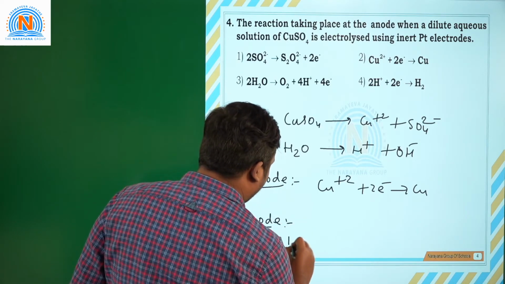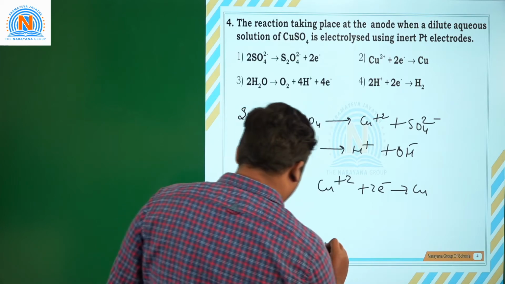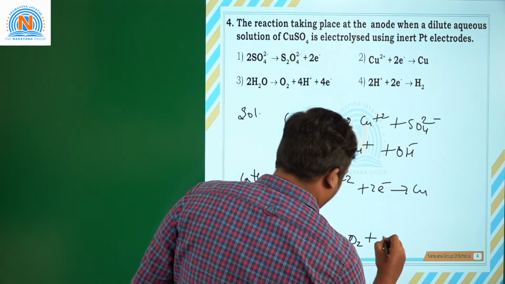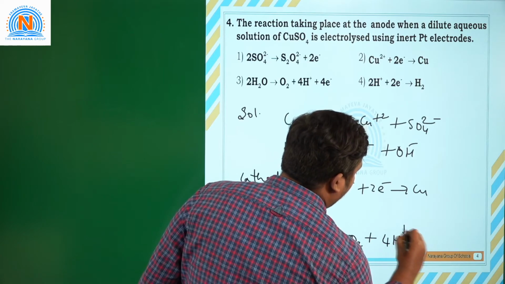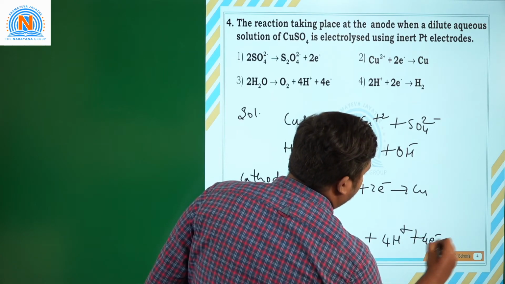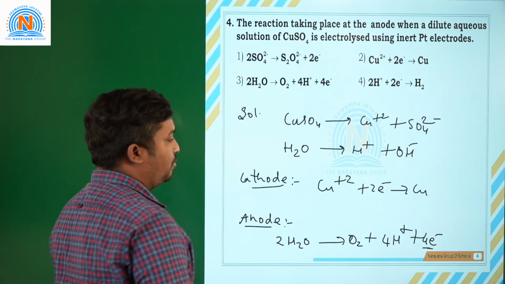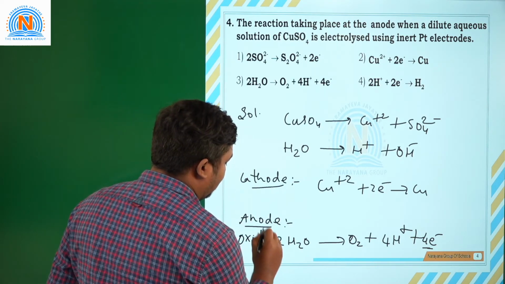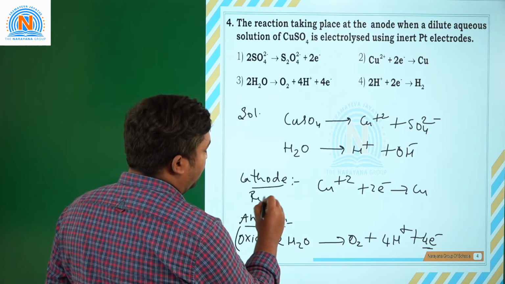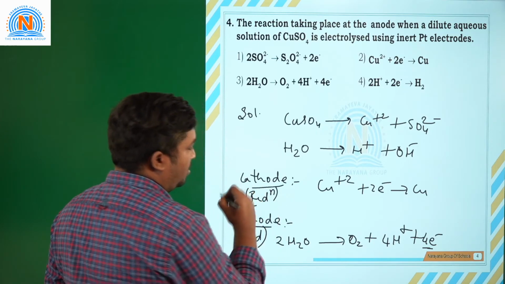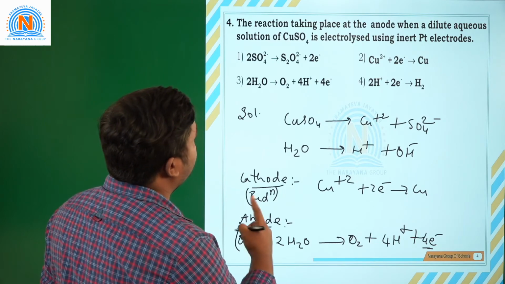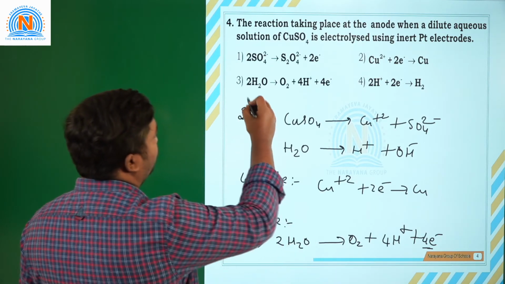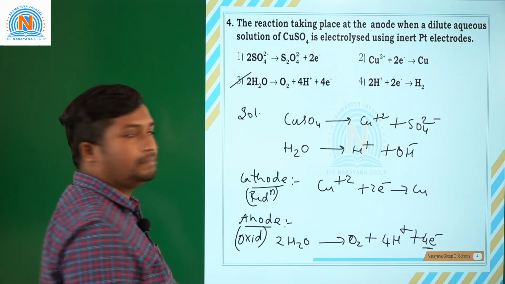So, 2H2O gives rise to O2 plus 4H plus plus 4 electrons. Electrons are lost near the anode. This is oxidation process. Here reduction process takes place at the cathode. Okay. So, just see where the anode reaction is matching. So, third option would be correct.